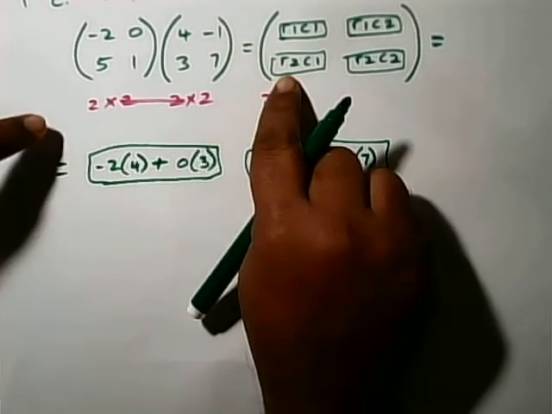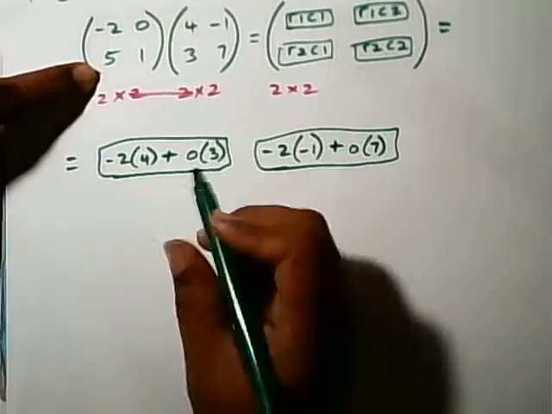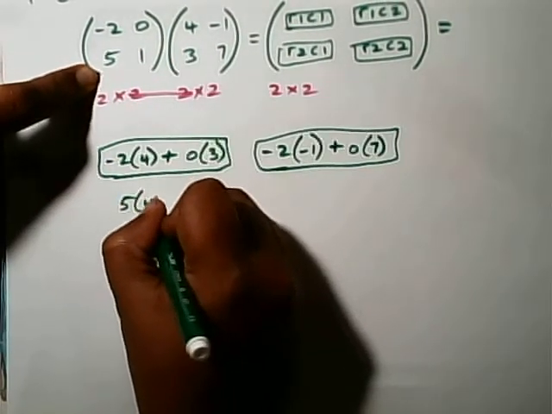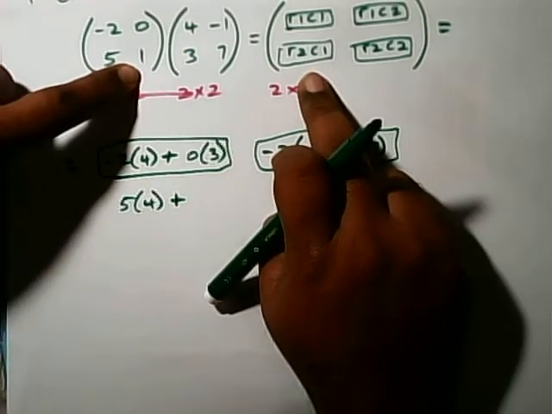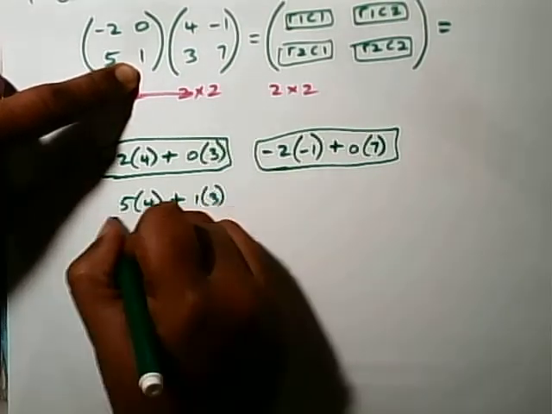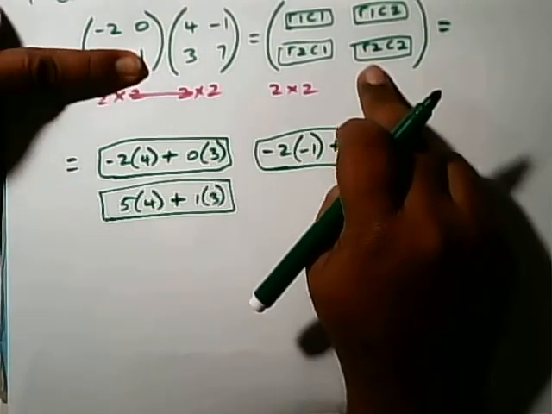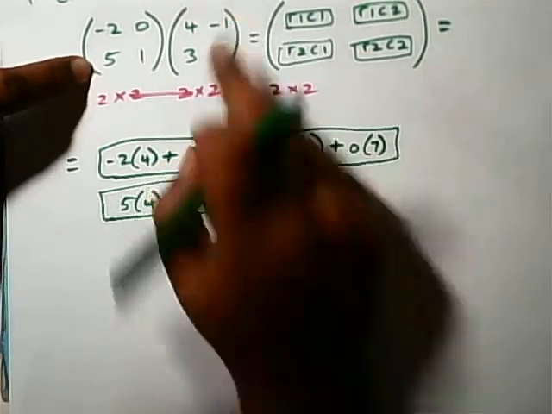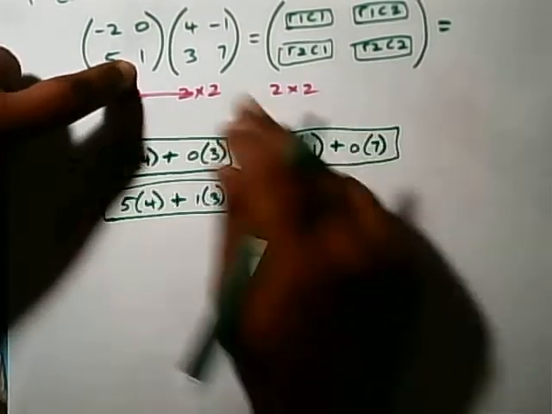Next, row 2 multiply the column 1. 5 by 4 added to 1 by 3. Next, row 2 by column 2. 5 by minus 1 added to 1 by 7.